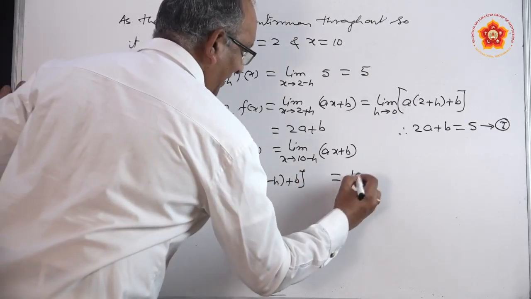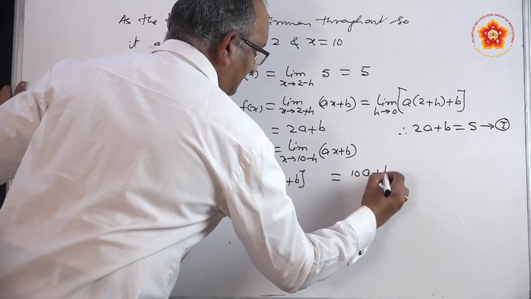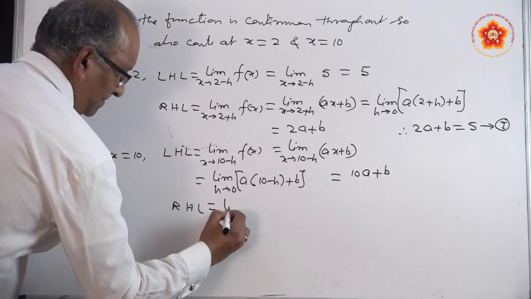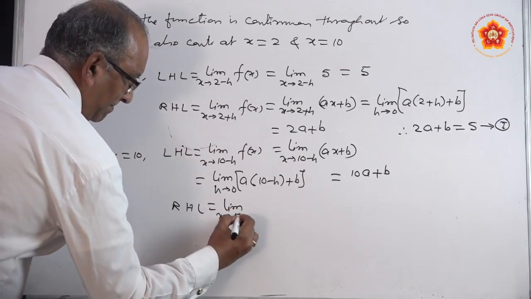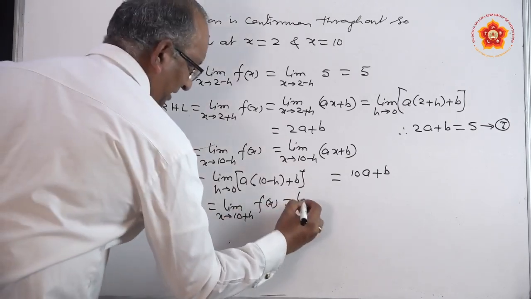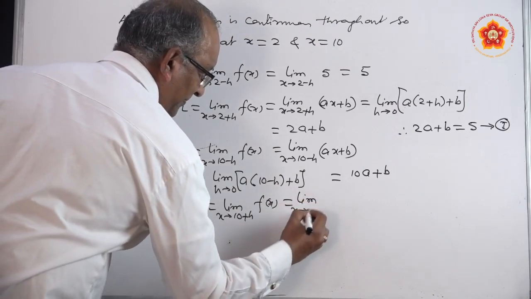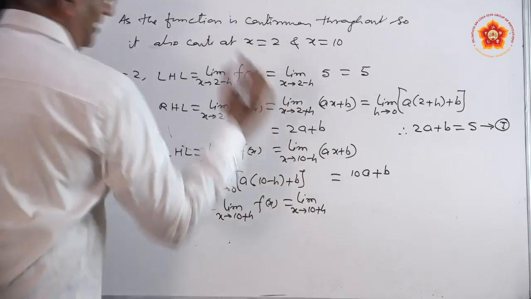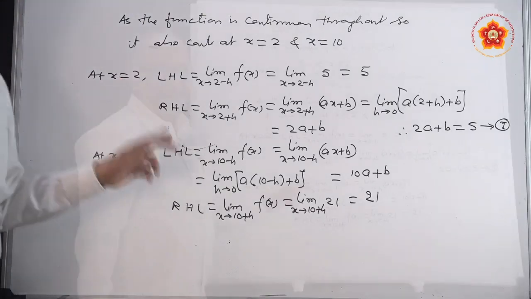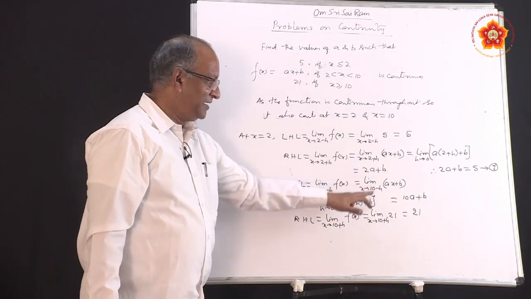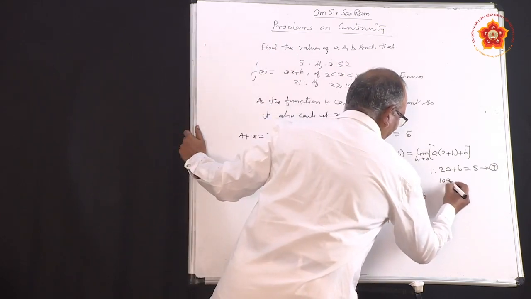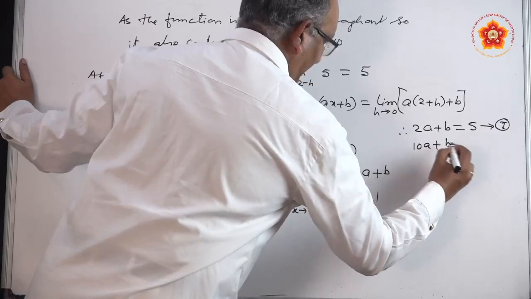You are going to get 10a plus b. Also find out the right hand limit. It is a constant function, so irrespective of the limit, the value is 21. It is continuous at x equal to 10, so the left hand limit is equal to the right hand limit. We get one more equation, and that equation is 10a plus b equal to 21.